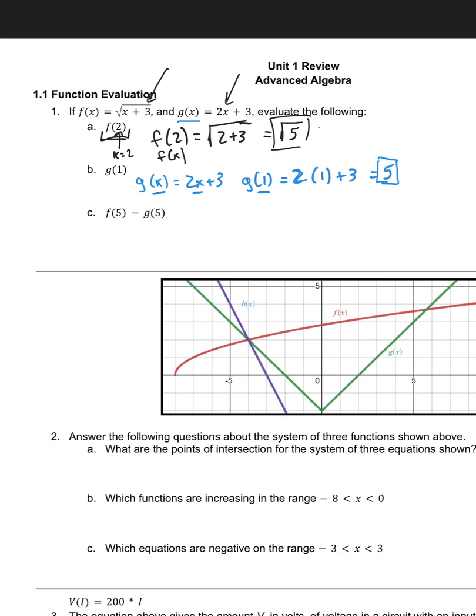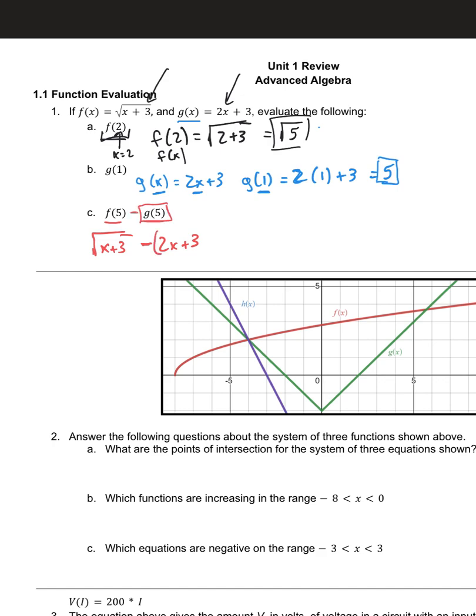Okay, now part C is saying evaluate f at 5 when x is 5 and evaluate g at 5 and then subtract the 2. So let's just do that. I'm gonna write f here, the square root of x plus 3 minus g, 2x plus 3. Now be careful because this minus sign is going to the entire thing of g, right?